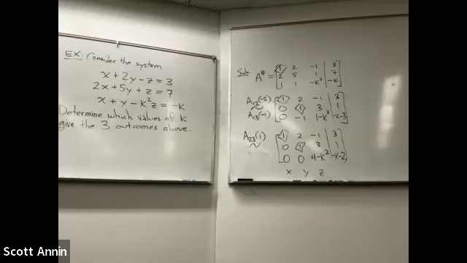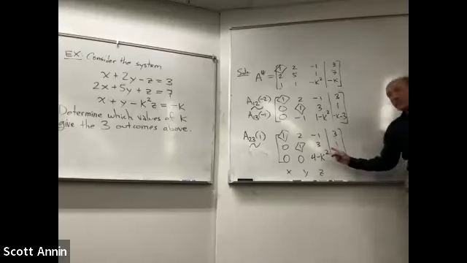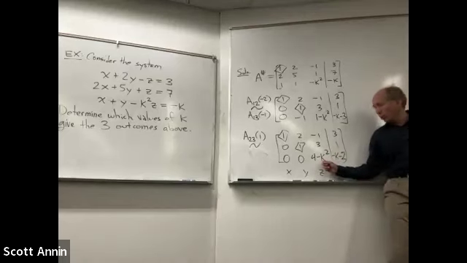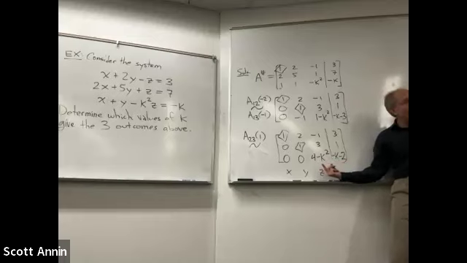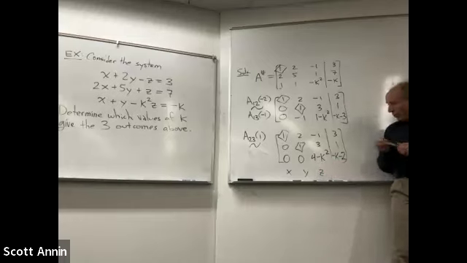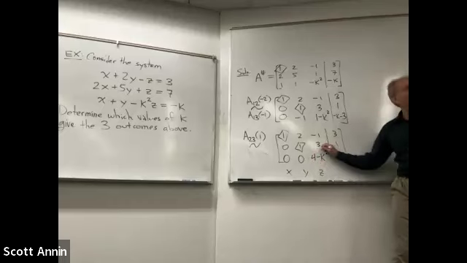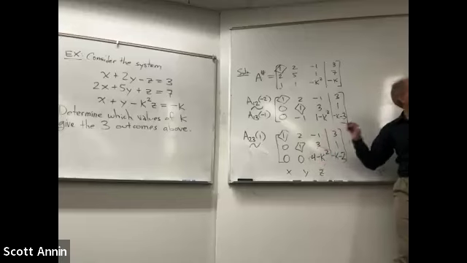The answer is, it all depends on what k is, right? Would you guys agree that as long as k does not equal 2 or -2, then I would have a pivot position right there in the third row.